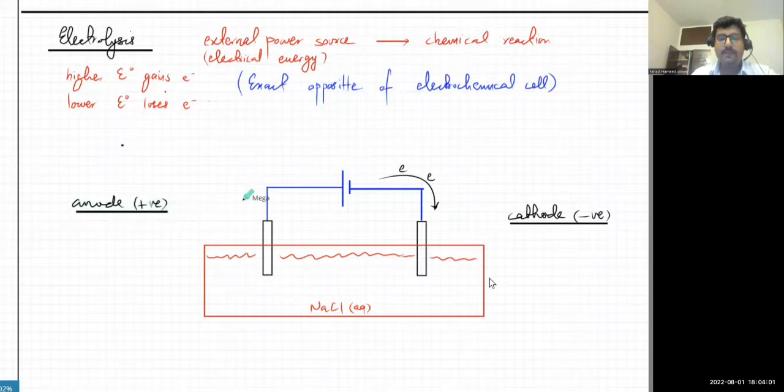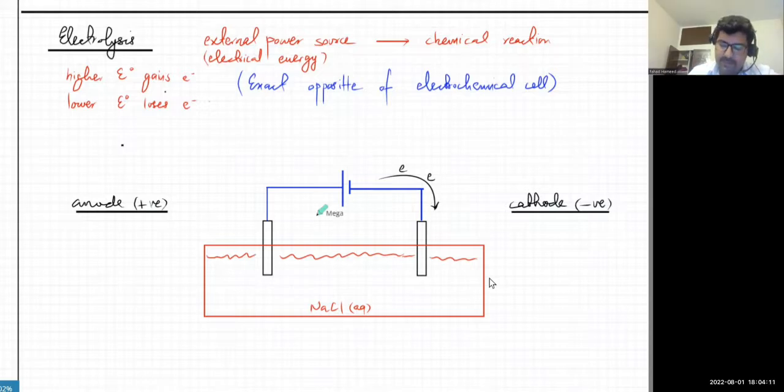So you've got a positive anode. What's happening at the anode is the battery is driving electrons away from the anode.